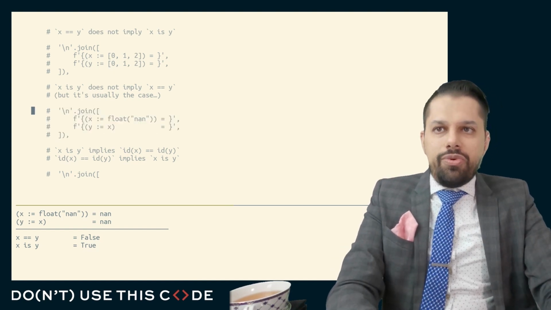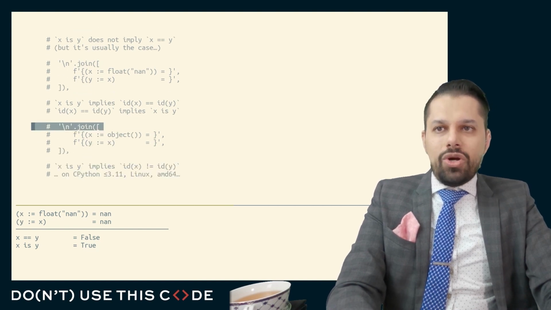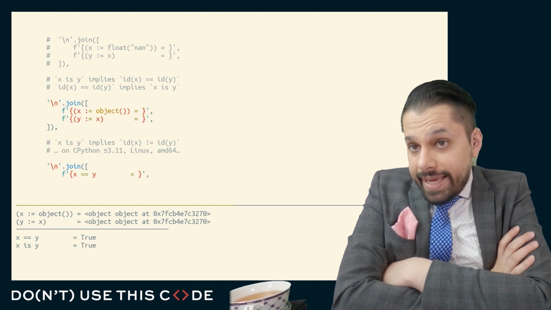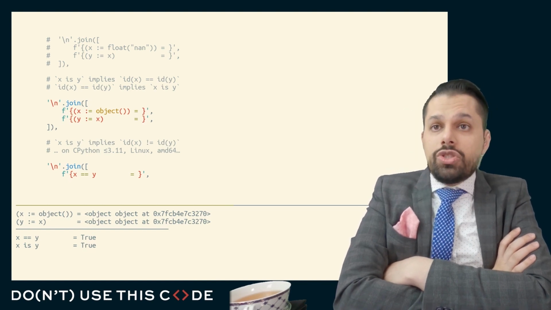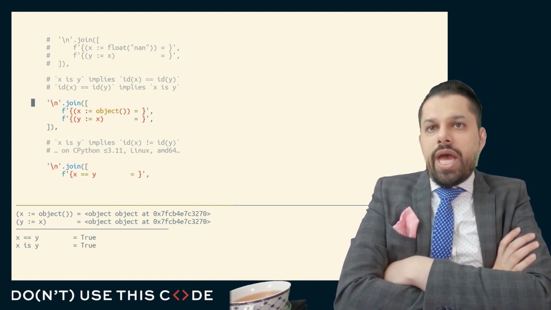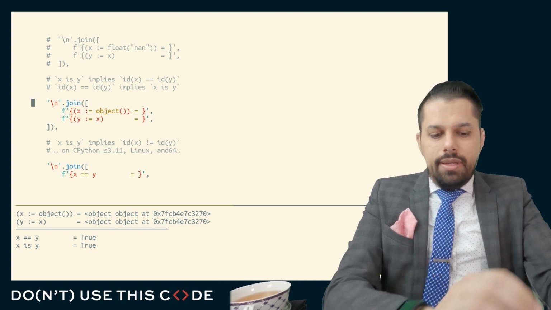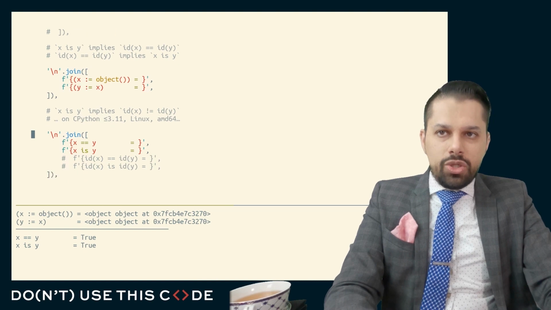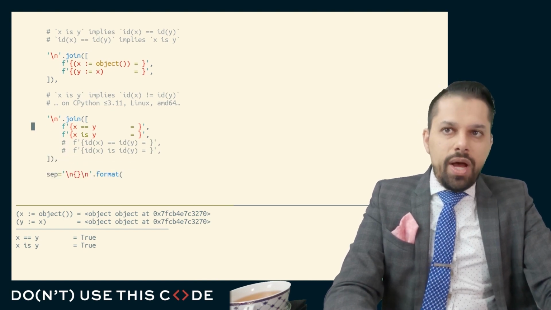Instead, let me share with you the remainder of this pop quiz that we give people. It is the case that the is check corresponds directly to the check for identity. Whether two objects are identical using the is check does correspond to whether their IDs are identical. They're defined in terms of themselves.